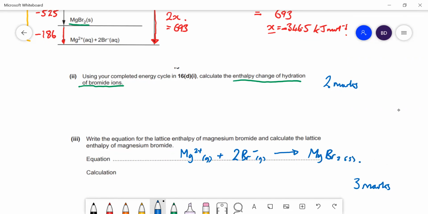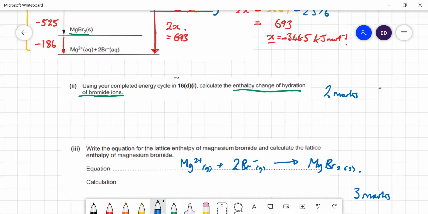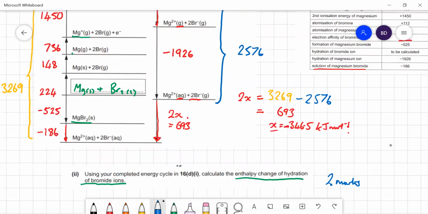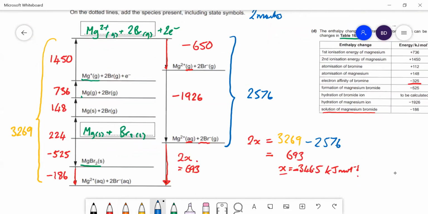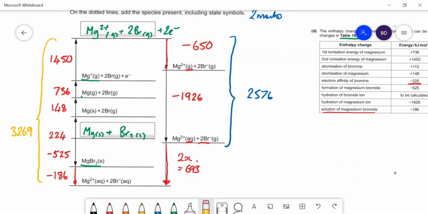Now, how are we going to do that calculation? I'm going to rub out some of this stuff here so we can see more clearly. What we've got to do is home in on what we need to do.